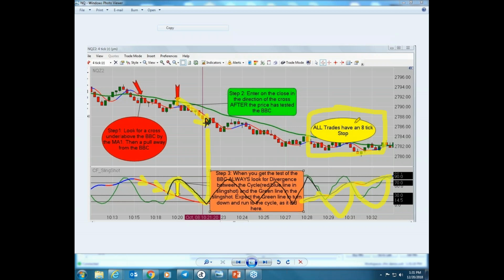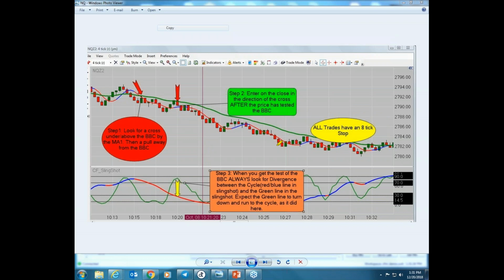But the bottom line is you are going to use a stop loss. In addition, as the market goes in your favor, you're also going to trail the stop, and we're going to be aggressive about the money management.